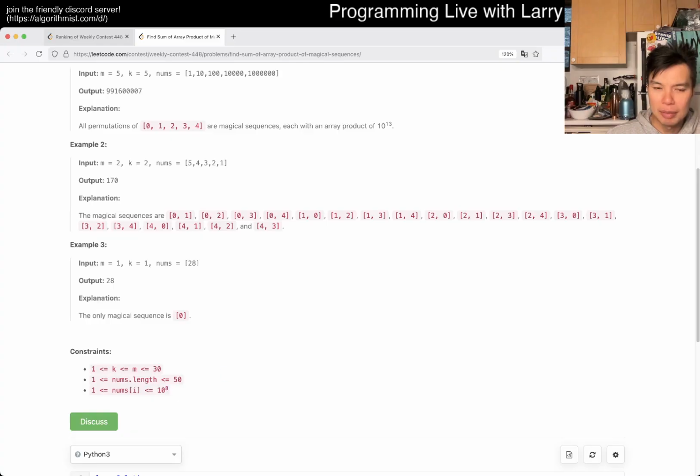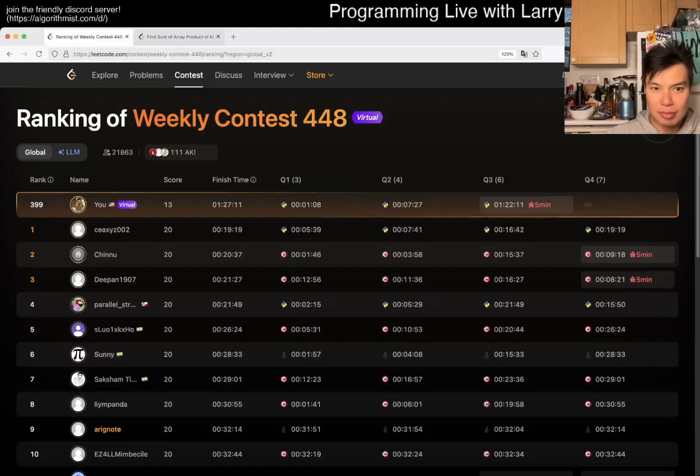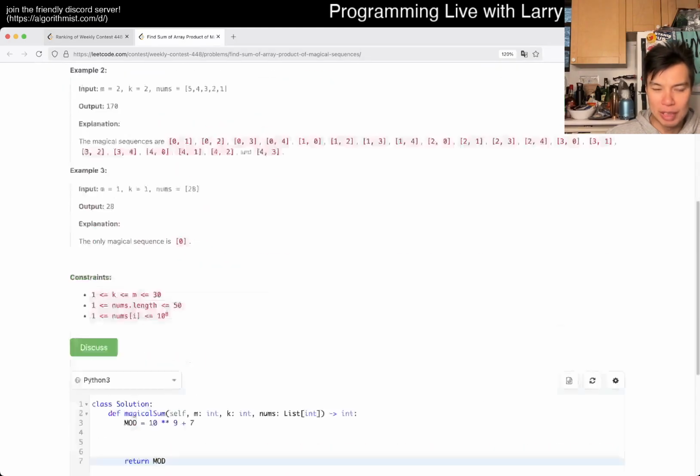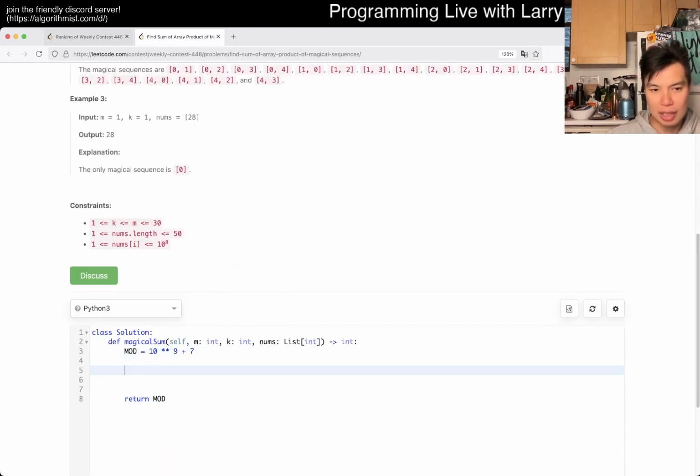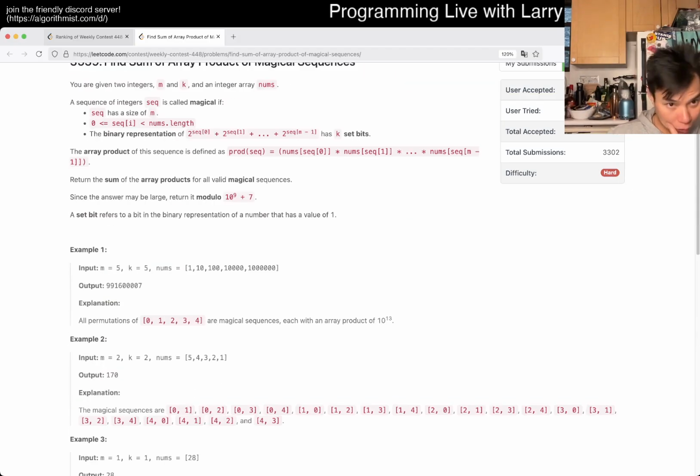Nums is some big number, but I don't think that matters. Alright, we have 2 minutes, so we're definitely not finishing this on contest time, but that's okay. I didn't think I had a chance anyway, but especially after spending so much time on the other one. I still don't understand what I'm trying to do here.